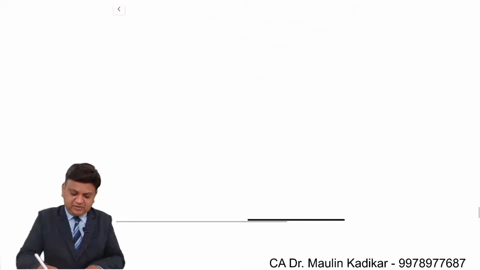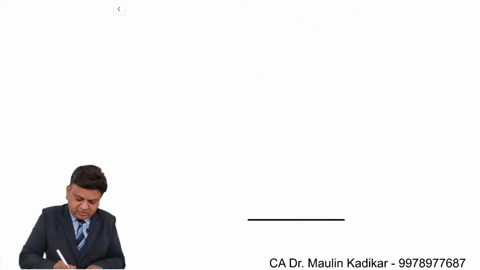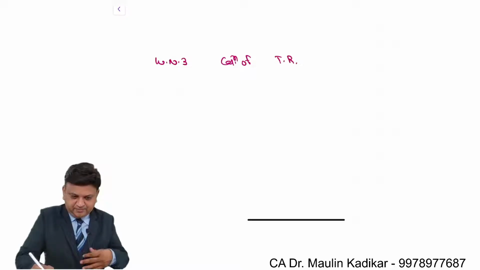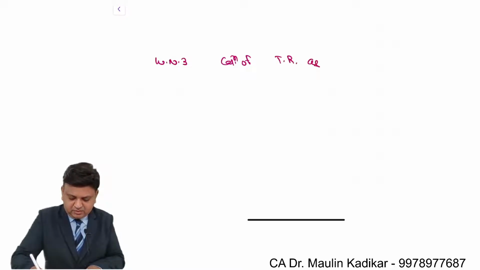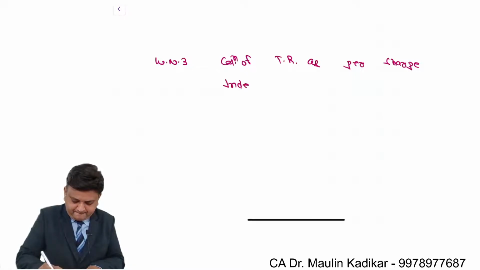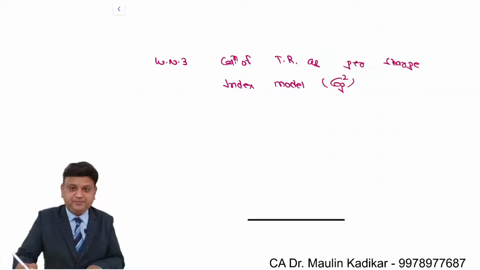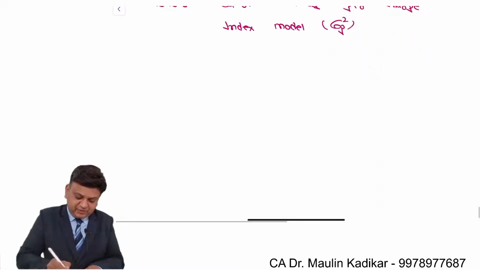After we make this calculation, working note number 3, calculation of total risk as per Sharpe index model. First of all, of course, I am going to make the calculation in the variance term. Listen to me carefully.